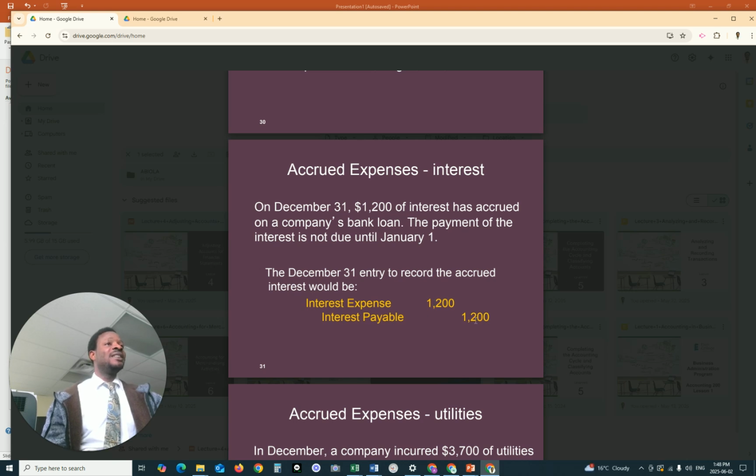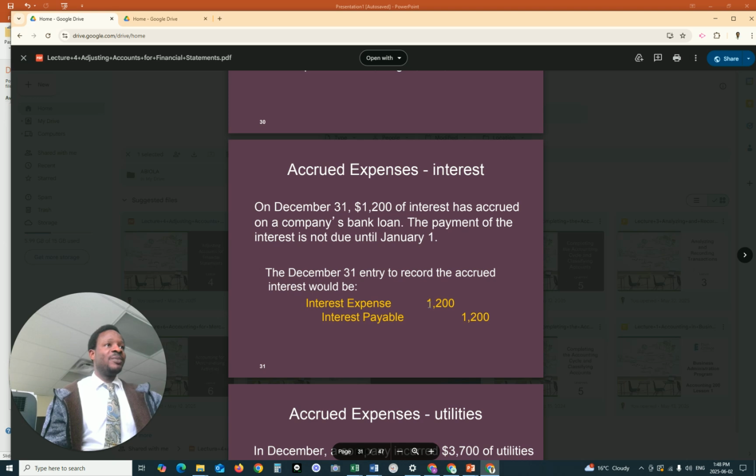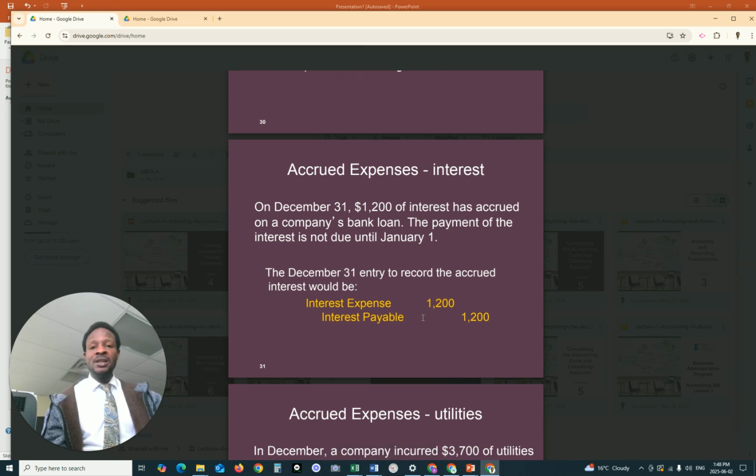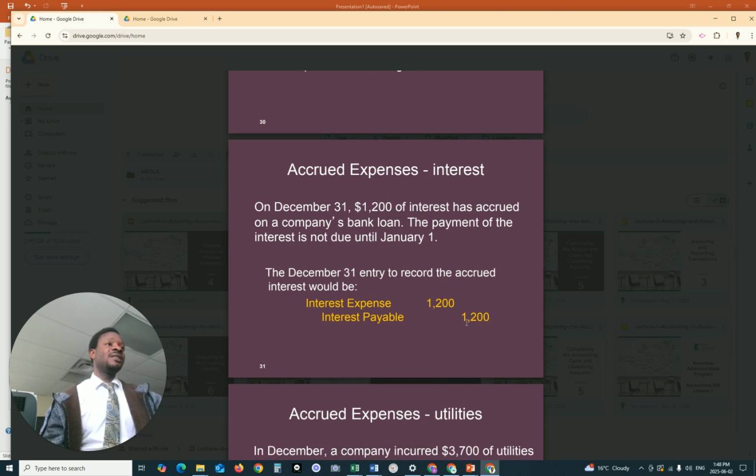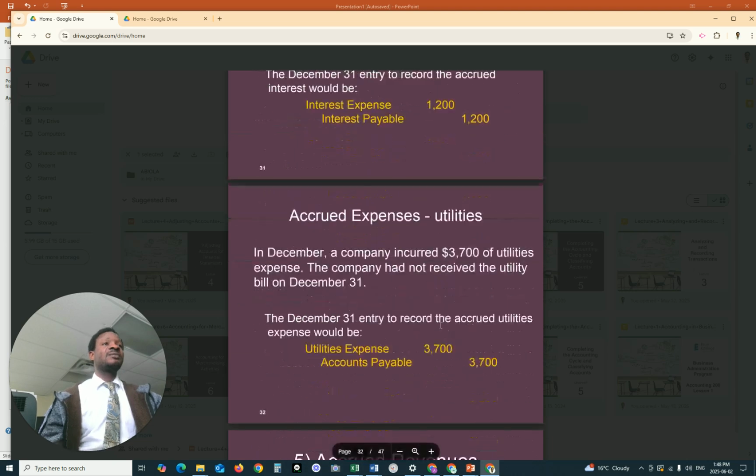But because you have not paid it, it is interest payable. If you pay it, it is cash that will be credited. Interest expense will still remain debited, but you have not paid it. So interest expense is debited, interest payable is credited. This is a liability account, this is an expense account.